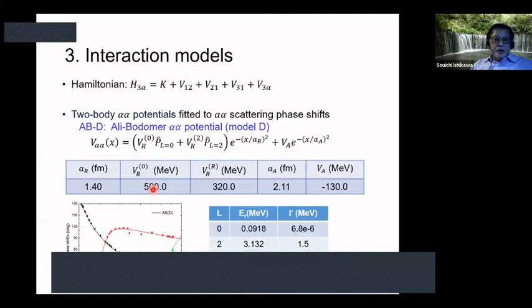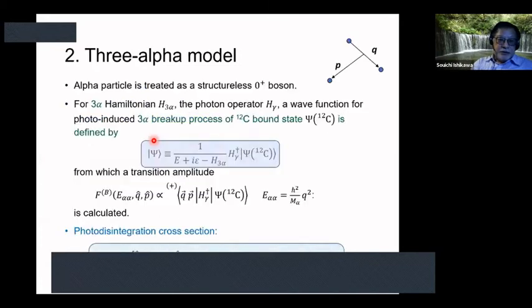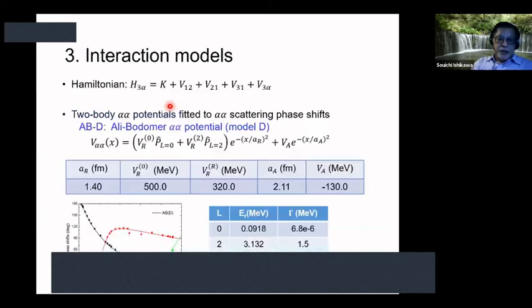To construct the 3 alpha Hamiltonian, we should introduce some interaction models. As I said before, I use 2-body potentials, the 2 alpha potentials.